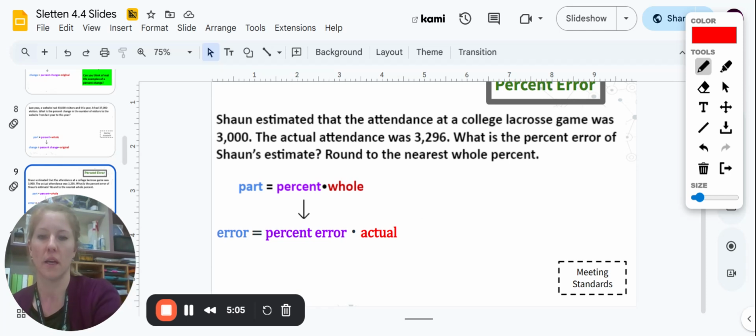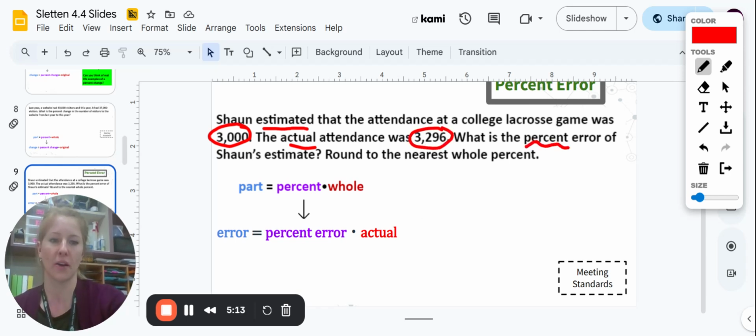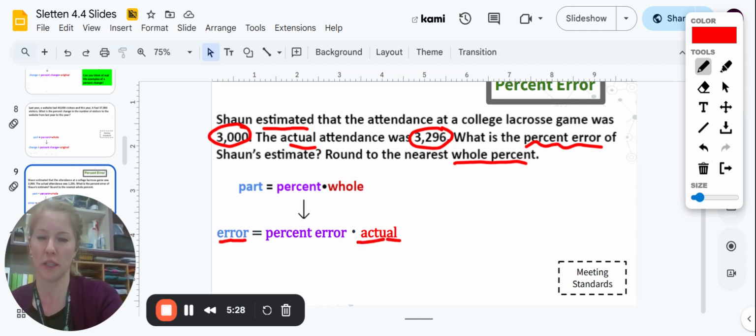Okay, so Sean estimated it was 3,000. The actual was 3,296. What is his error? And then round to the nearest whole percent. Okay, so we can solve it the equation way first again. So we have error is our part and actual is our whole. So let's figure out how much he was off by.